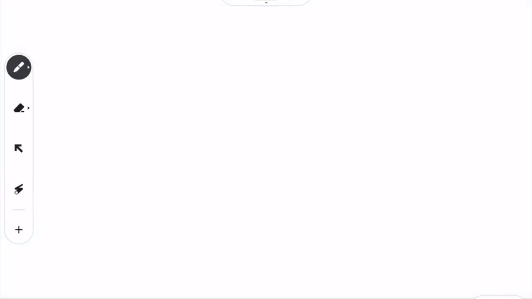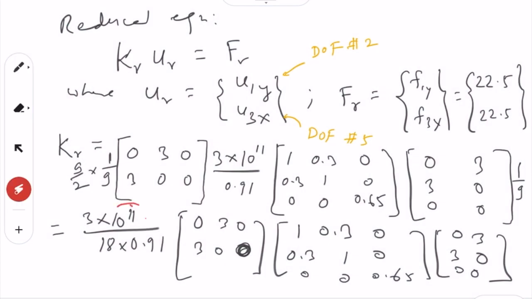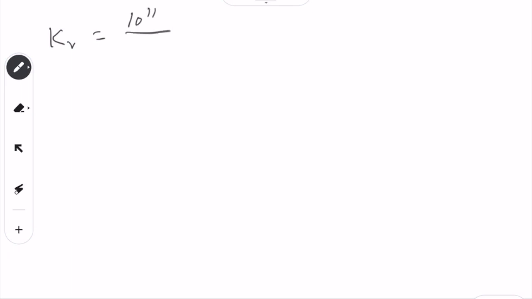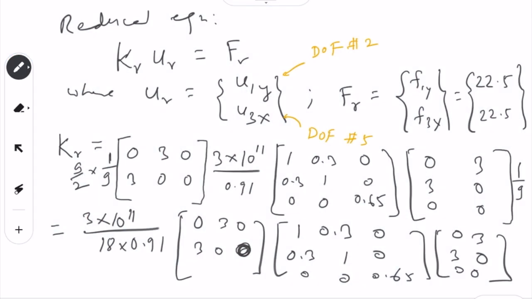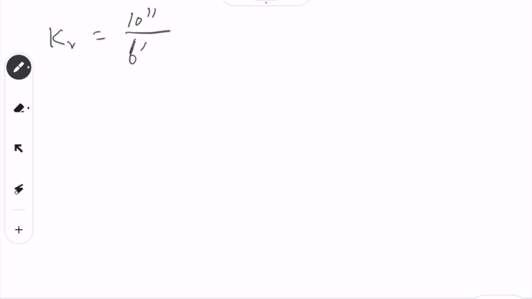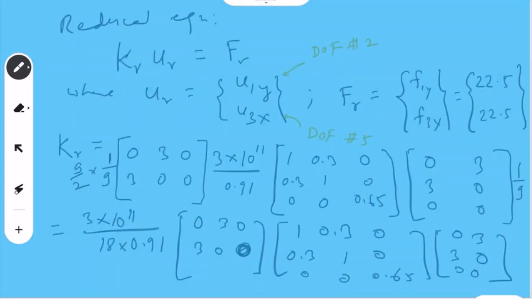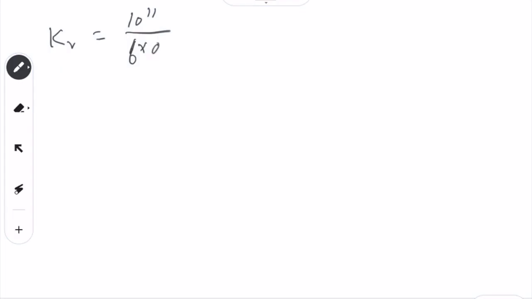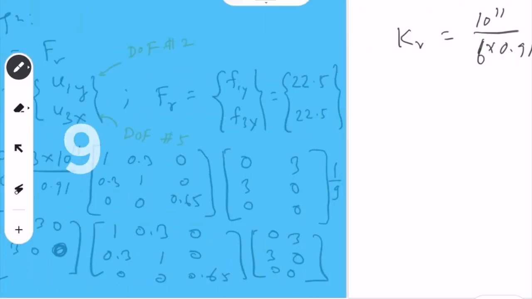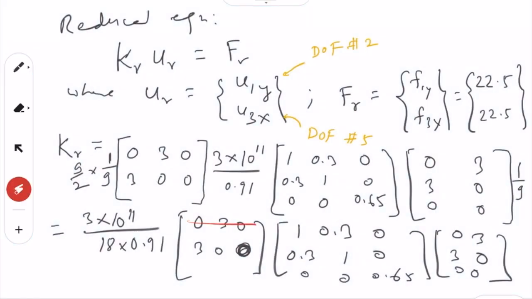So we can find out Kr very easily, it is equal to 10 to power 11 divided by 6, multiplied by 0.91. Okay, then let us see. Now we have this multiplied by this one, so this is simply 0.9.